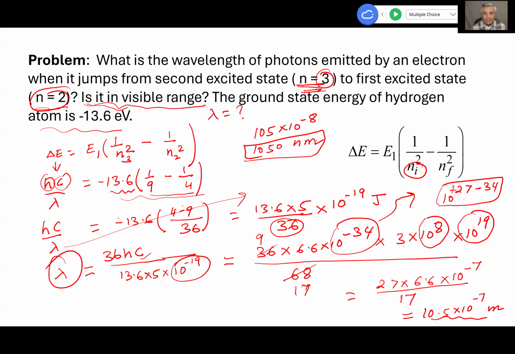So this is kind of on the red side. Usually red goes up to 700, I think. But let's see, what's the color of 1050 nanometer light? Do you have your Google handy? What's the color of 1050 nanometer light? Type that and see if it says some sort of red or not.